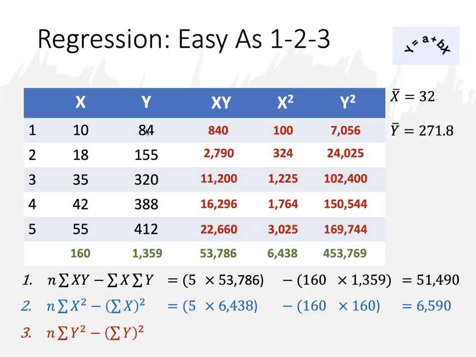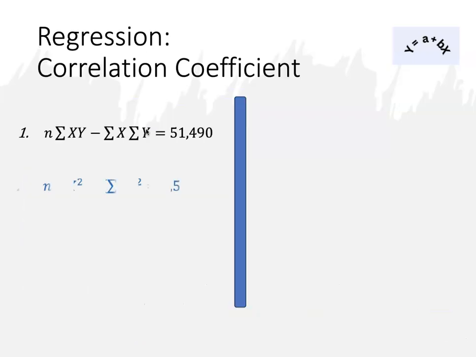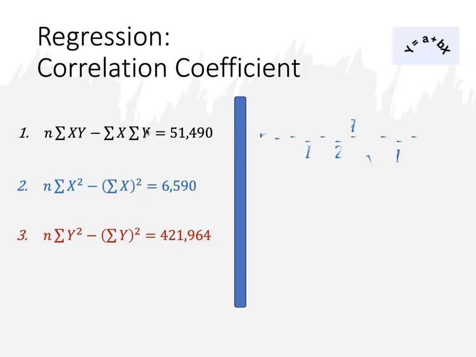Likewise, until we get the total for the column, which is 453,769. And we can now say n, which is 5, multiplied by 453,769, minus 1,359 times 1,359, giving us 421,964. And this is the value of equation 3. So, equations 1, 2, and 3.